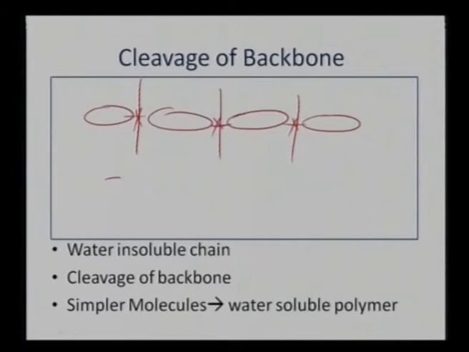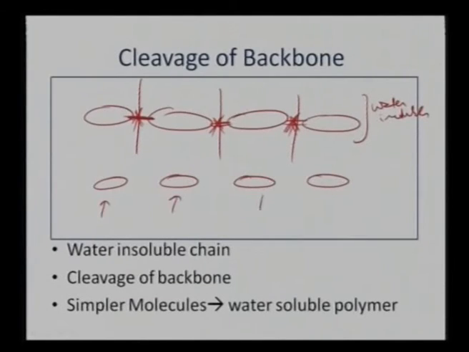So in the process we might get certain isolated smaller soluble polymers. So initially we had water insoluble molecules, and in the process we are cleaving the bonding in the backbone itself. The overall backbone is now getting cleaved. So we get small pockets of isolated polymers which are very small, which are much simpler molecules. So that is what is happening in this particular case to make it water soluble.